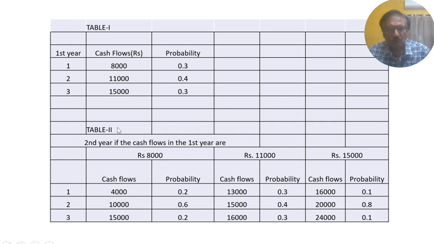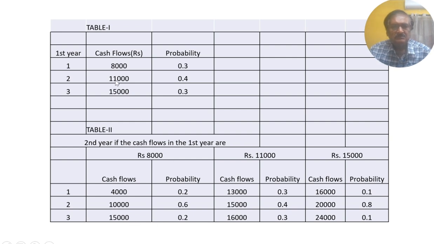Now in table 2, the cash flows with probabilities are given on the happening of these cash flows. That means in the second year, if the cash flow option taken is 8,000, then the cash flows for the second year will be 4,000 with probability 0.2, 10,000 with probability 0.6 and 15,000 with probability 0.2.